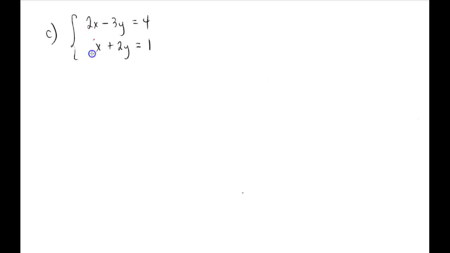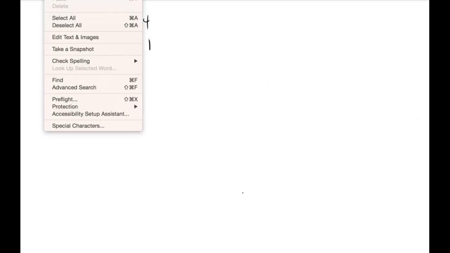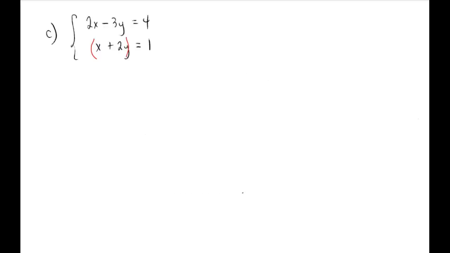So we come here and we multiply. That didn't turn out so hot. So let's try to do that again. We multiply the left side and right side by -2.